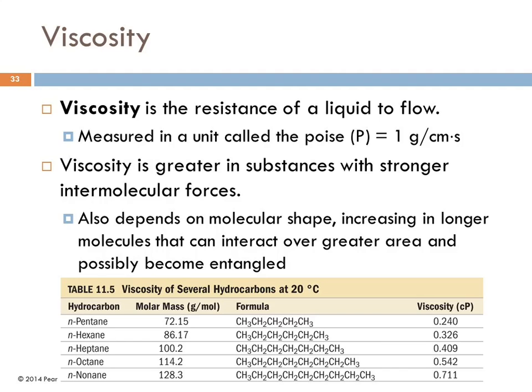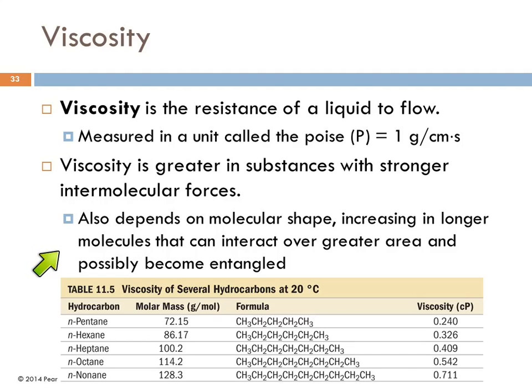Because the molecules are wearing flannel pajamas. Or maybe polar fleece. Polar fleece could be bad too. Things like alcohol, gasoline, satin pajamas. Slippery. So viscosity is greater in substances that have stronger intermolecular forces. But this also is going to depend on molecular shape.